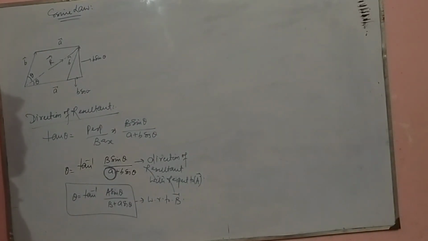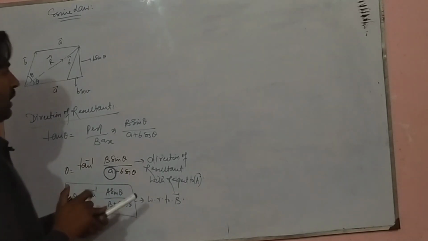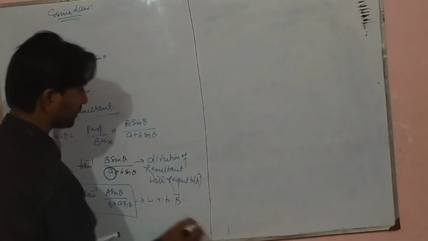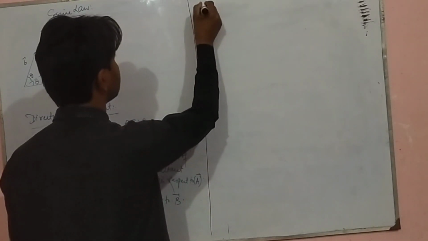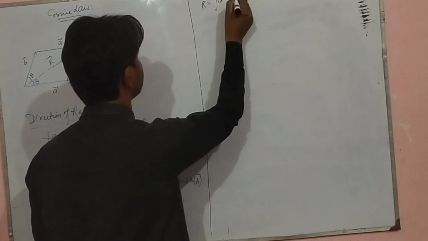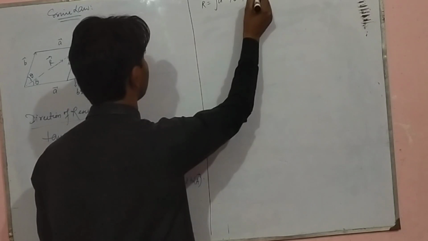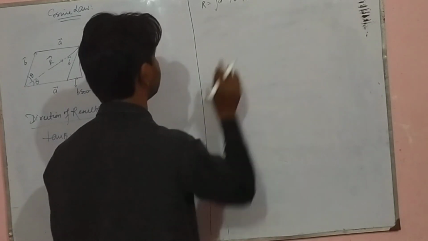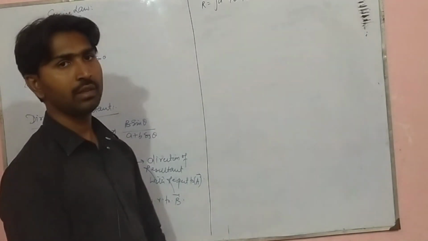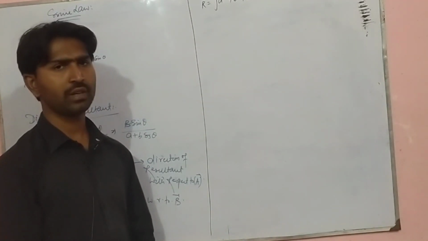We can also find the direction from these equations. As we have discussed, the cosine law is: resultant is equal to under radical a square plus b square plus 2ab cos theta. From this equation we can find the resultant of two vectors.